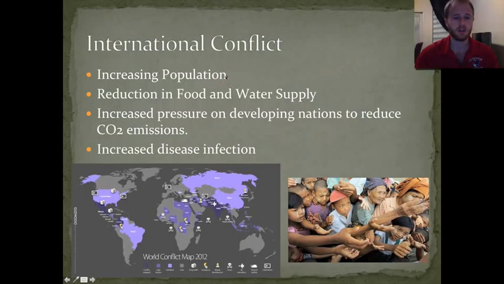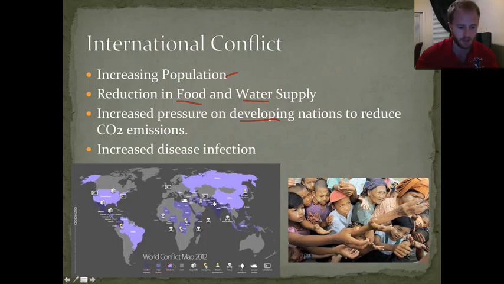With an increased population, reduction in food and water supplies, and pressure on developing countries to reduce their CO2, you're going to have an increase in conflict. Most conflicts are triggered by a reduction in food or water supplies. So if we look here at the world map, you can see the different conflicts in 2012. This is where conflict is happening.